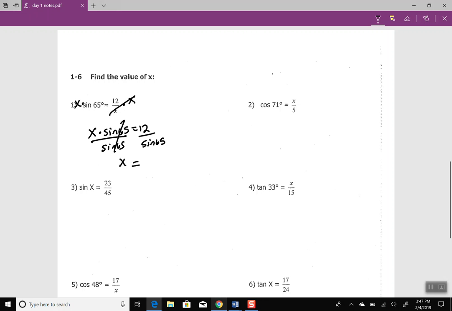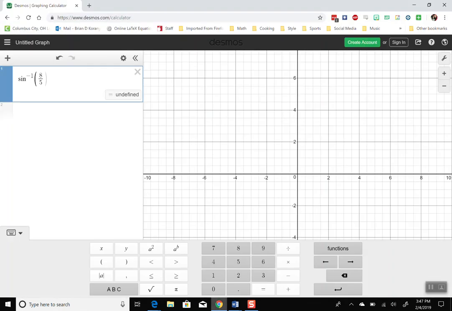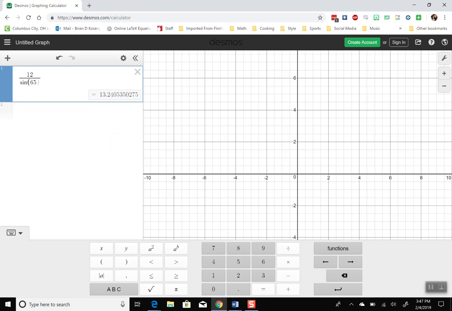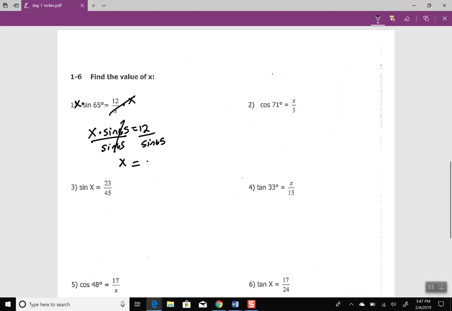You get x equals 12 divided by sine of 65. That gets you 13.24. So that opposite over hypotenuse, your hypotenuse must have been 13.24 inches or whatever that is.